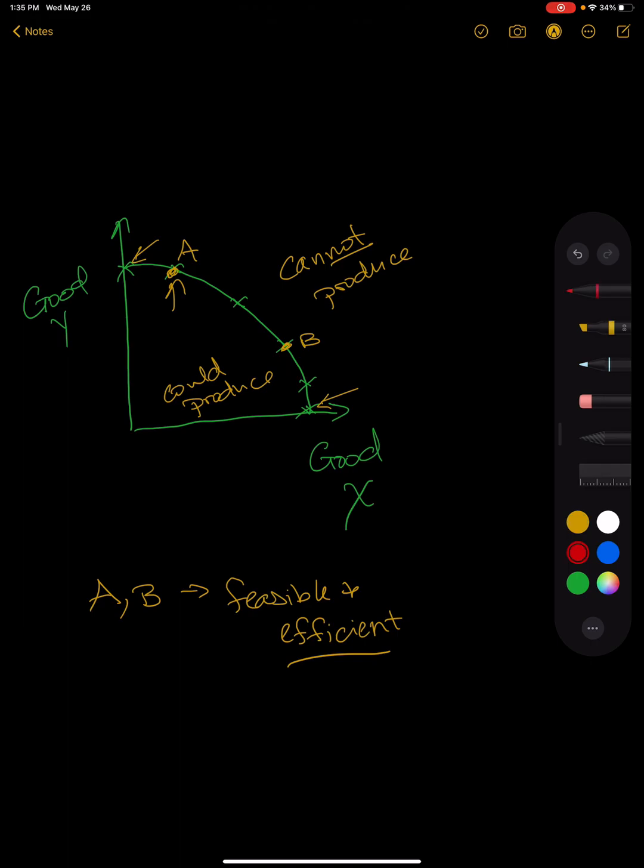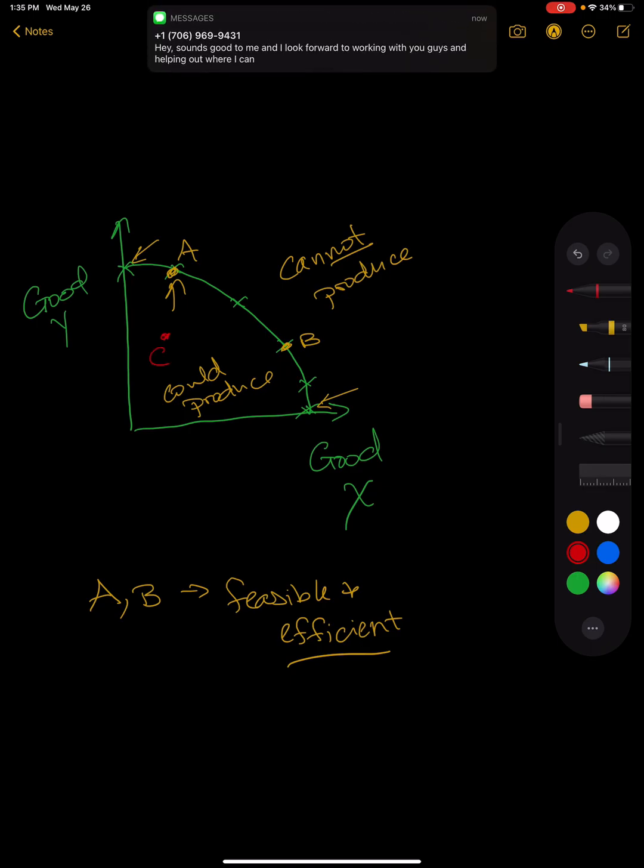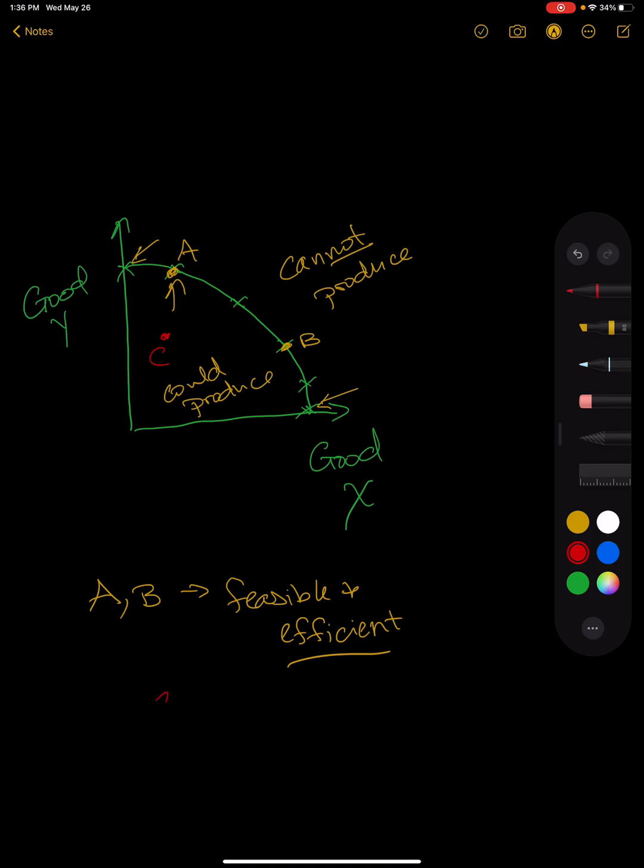What about a point like C here in red? A point like C in red is both feasible but inefficient. So remember that idea of efficiency. It has to do with using all of your available resources. At a point like C, it's possible to produce there, but it doesn't require all of my resources.